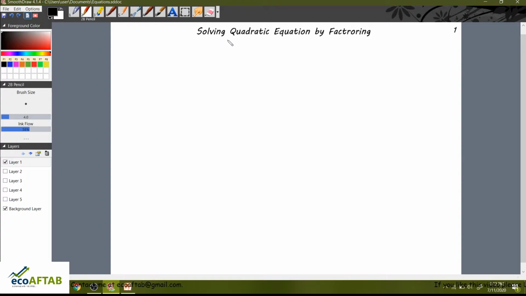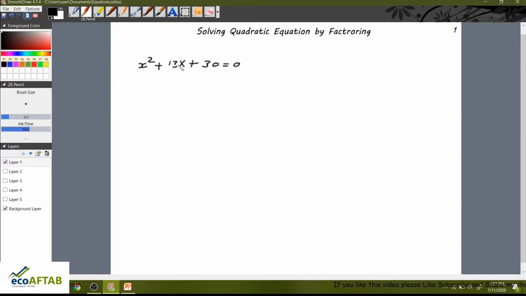So friends, solving a quadratic equation by factoring. Our first example, let us say x square plus 13x plus 30 is equal to 0.